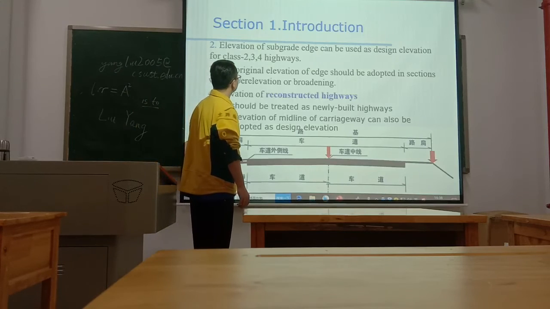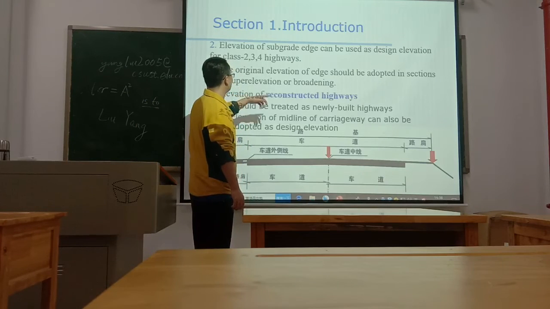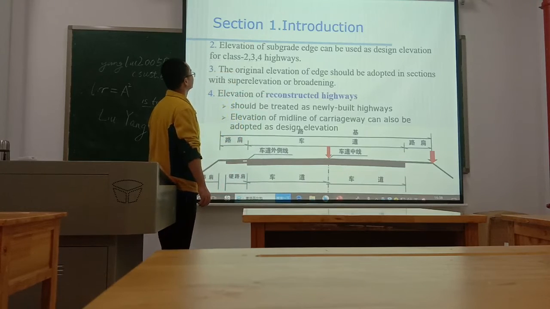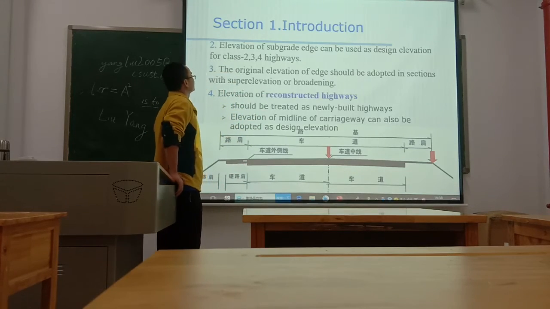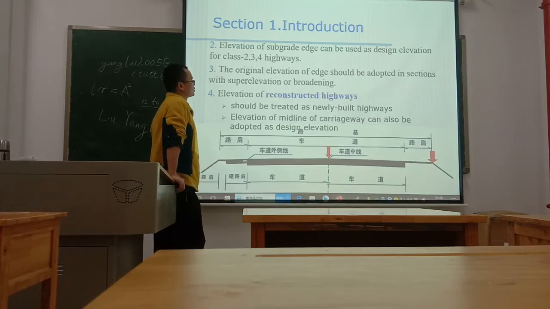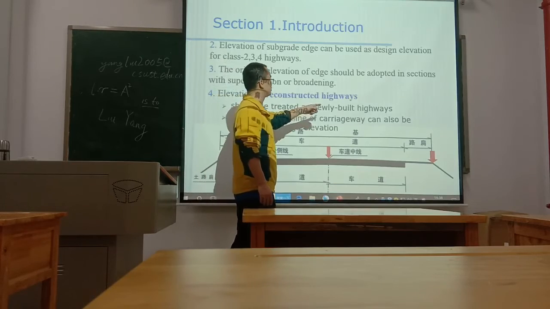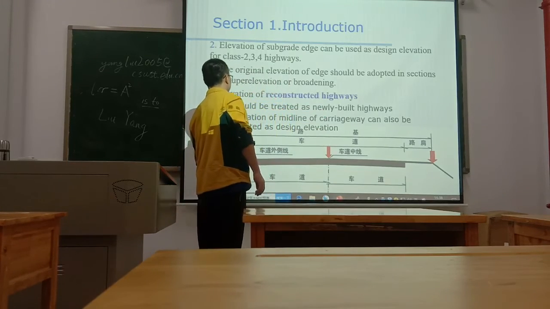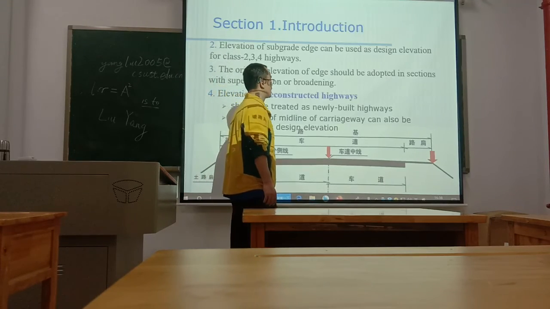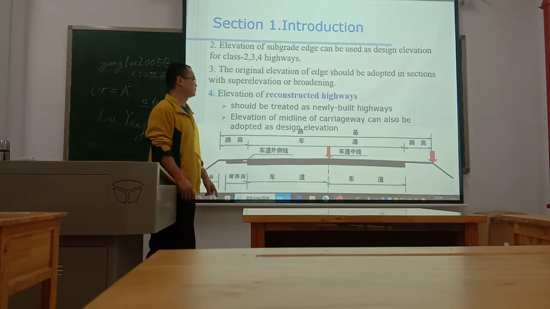The original elevation of edge should be adopted in sections with superelevation or widening. 4. Elevation of reconstructed highways should be treated as newly built highways. Elevation of the midline of the carriageway can also be adopted as design elevation.